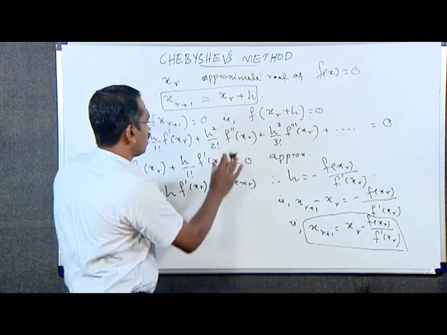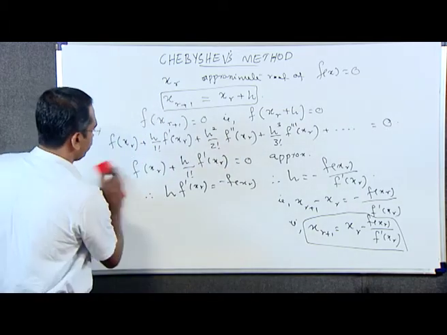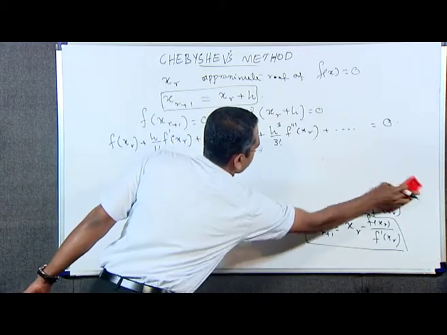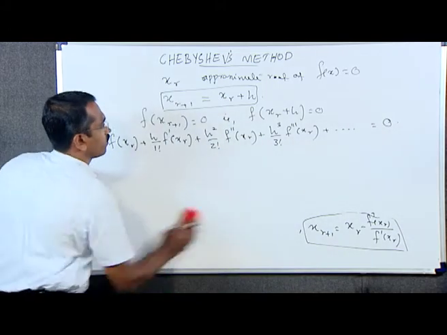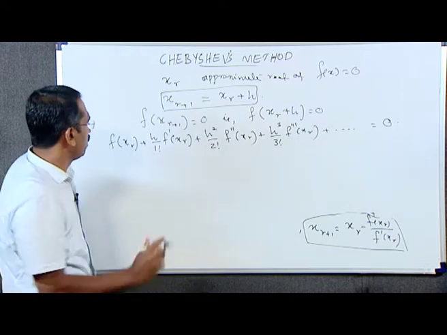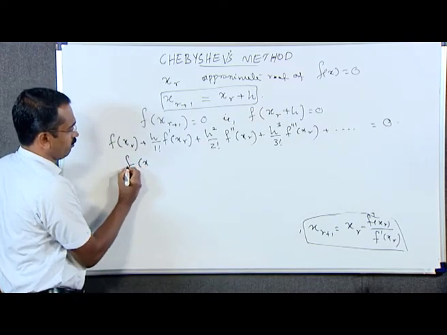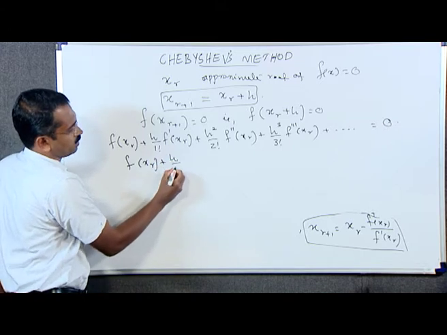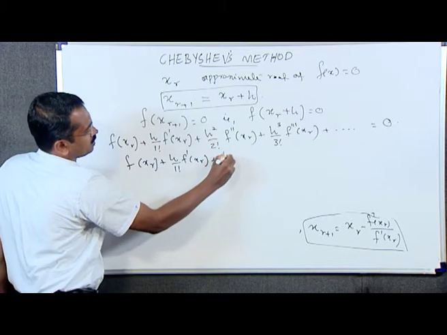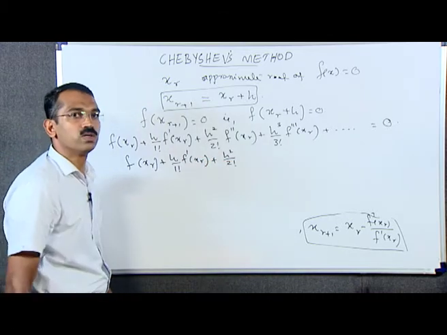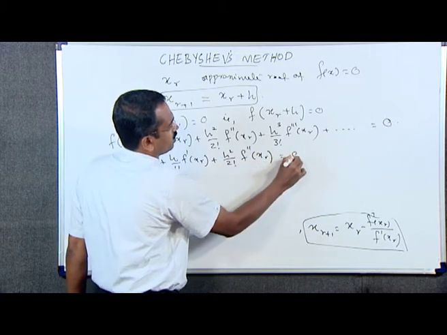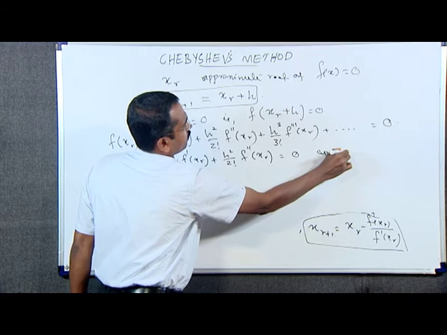Then we can write this equation as f(x_r) + h/1! f'(x_r) + h²/2! f''(x_r) = 0 approximately.